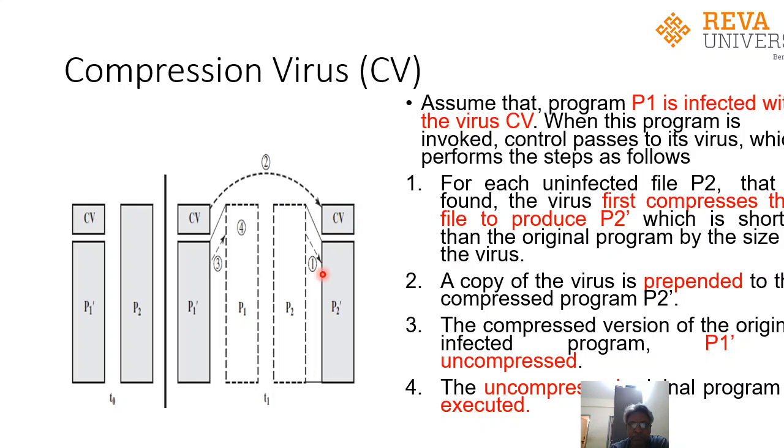In the second step, a copy of this compression virus is prepended to P2'. In the third step, the compressed version of the original program in P1' is uncompressed and run. So first the infection happens to P2, which becomes P2'. Then the original program P1 is run by uncompressing it. The uncompressed original program is executed.